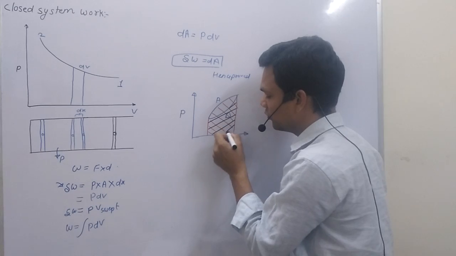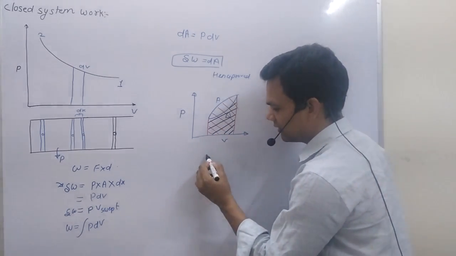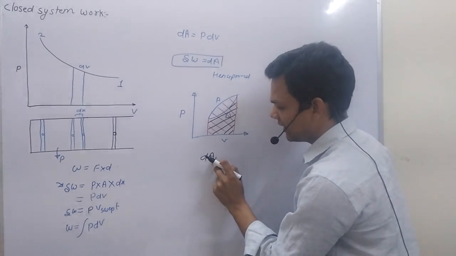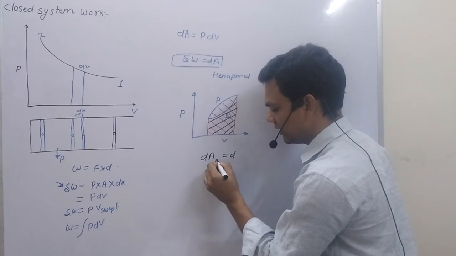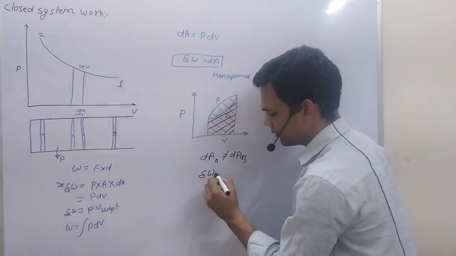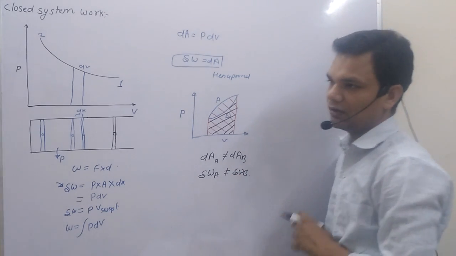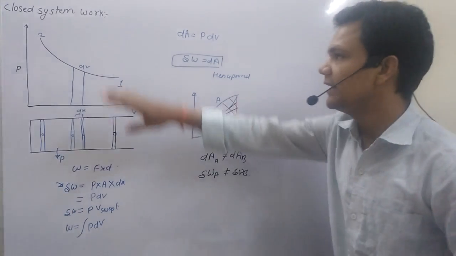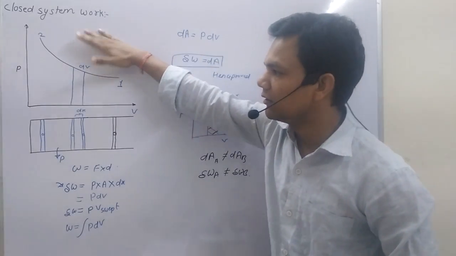Because both areas are not equal, suppose I write dA_A and dA_B, which are not equal, so work will also not be equal. Now from here you can easily see that the area under the curve shows us work.